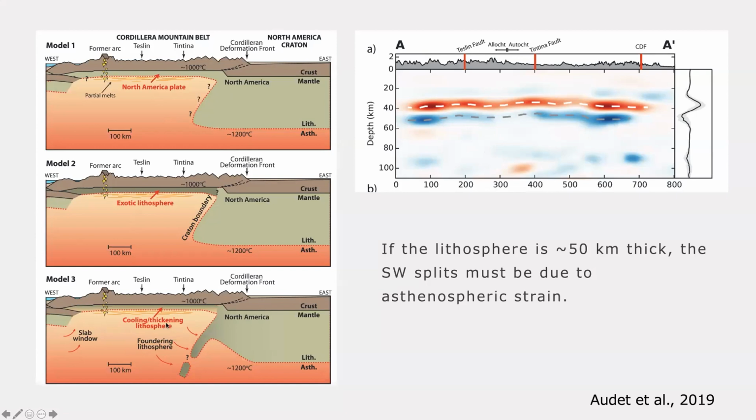And regardless of which model we use, what we see is thin lithosphere to the west and thick lithosphere to the east. So whatever is happening, the shear wave splits have to be produced by the asthenosphere, because there's just not enough lithospheric mantle to produce the average 0.8 seconds of shear wave splitting time.